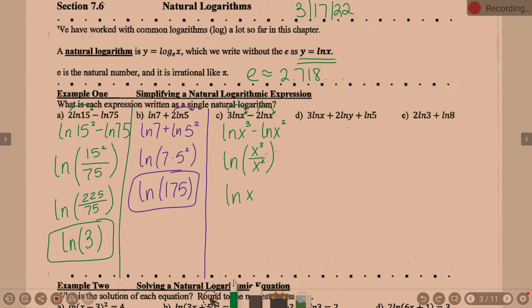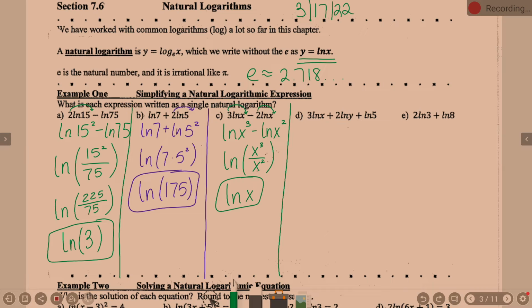So natural log of x. Ironically enough, and this only works because they're the same insides, but notice 3 natural log of x minus 2 natural log of x ended up being 1 natural log of x. Not coincidence. It mathematically makes sense.